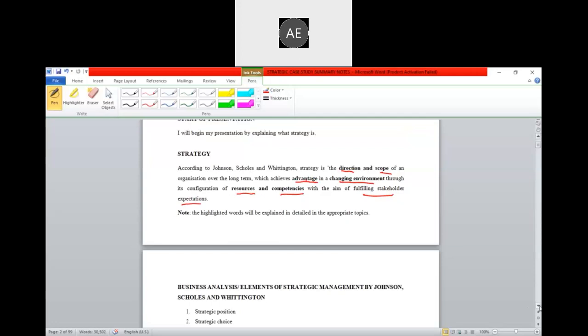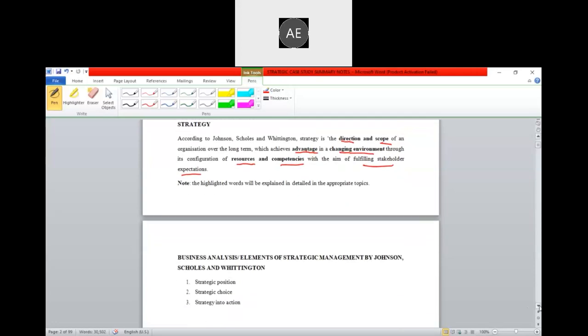According to Johnson, Scholes, and Whittington, strategy is the direction. It shows the direction of an entity, and then the scope where they should invest or operate over the long term. That strategy will help the organization achieve competitive advantage, meaning to outperform its competitors in a changing business environment.